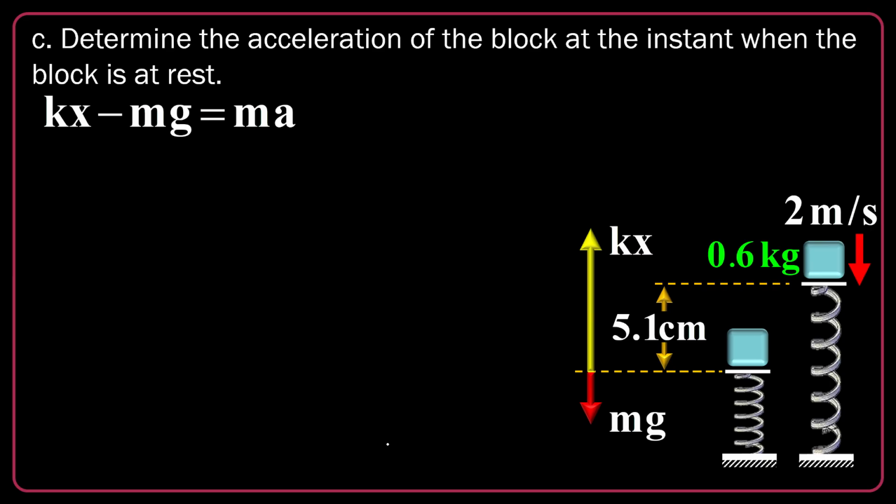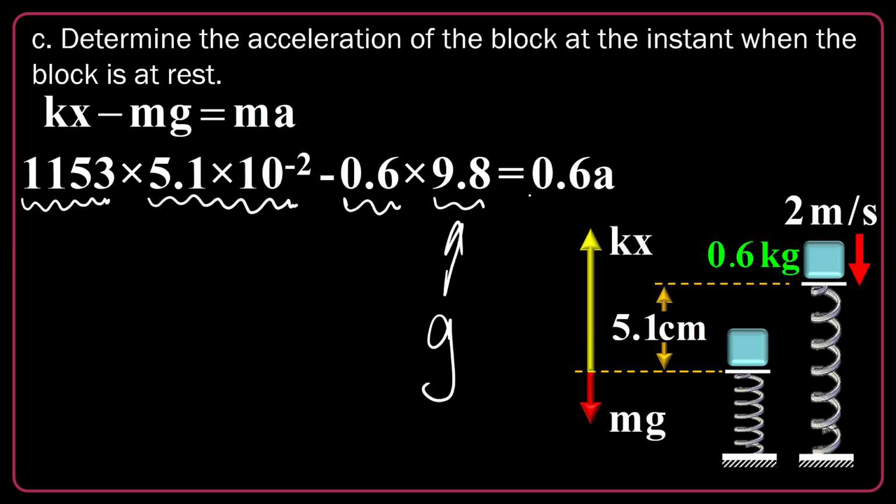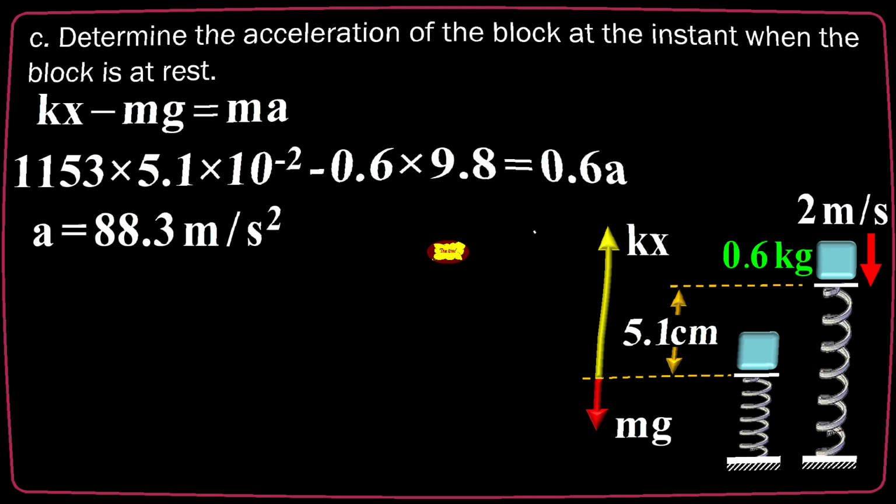So here I write net force equals ma. We have everything except acceleration. Let's do it. Spring constant, compression, and here mass times gravitational acceleration g, and here mass times acceleration. That's all. You can find the acceleration to be 88.3 meters per second squared at the bottom point.